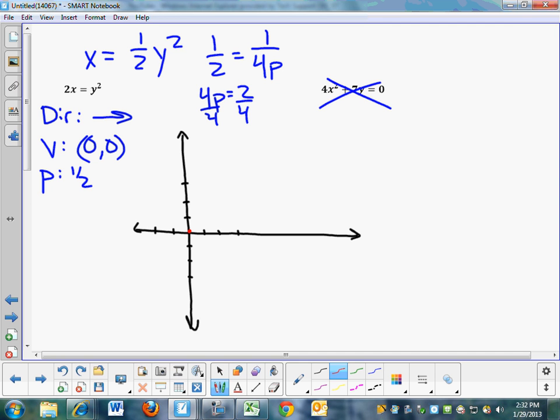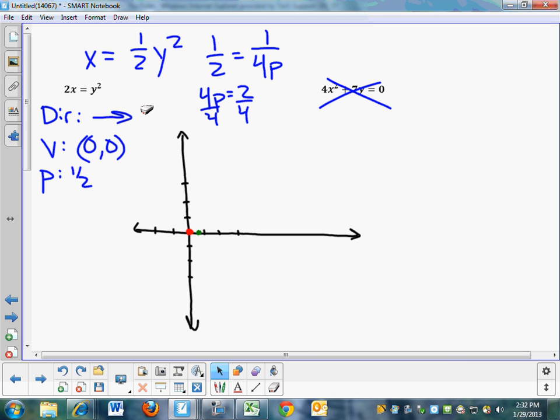Vertex is 0, 0. I plot it. P is 1/2. So the focus goes 1/2 to the left, right, up, or down. Right. It goes in the direction that the graph goes.